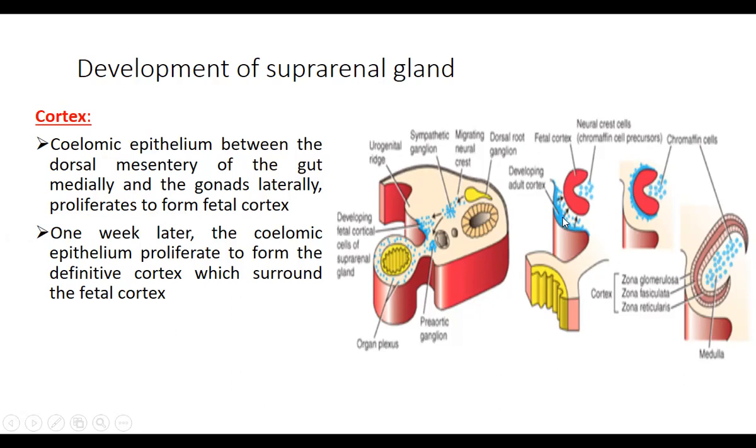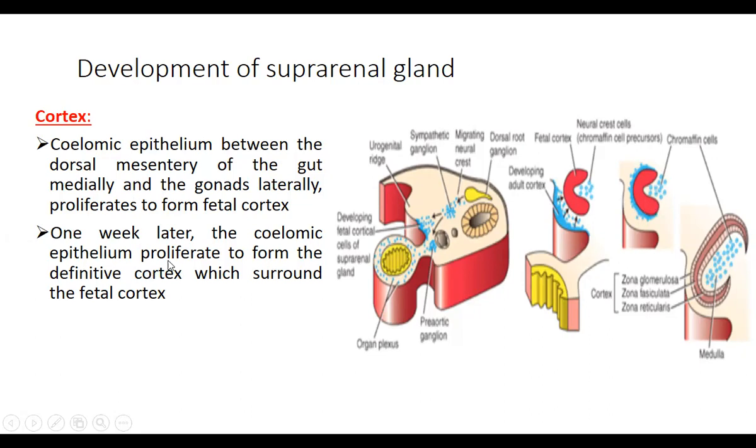The fetal cortex is pushed inside, shown in red. Again there is proliferation of the epithelium to form the definitive cortex, also called the adult cortex, which goes and surrounds the fetal cortex.